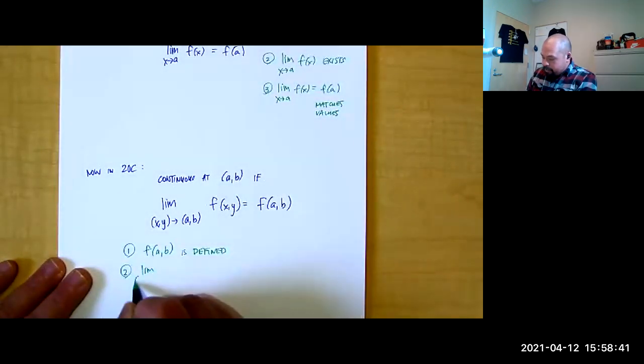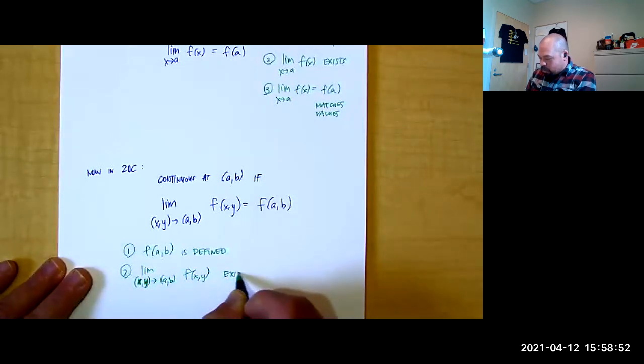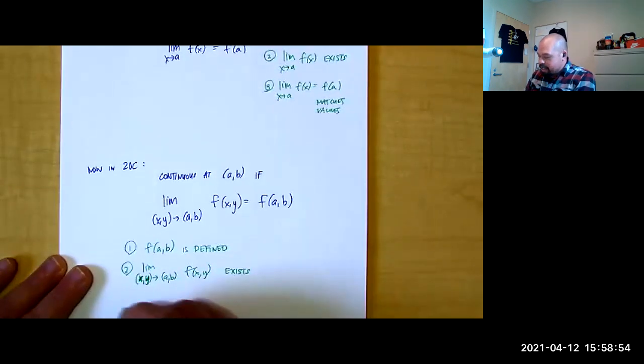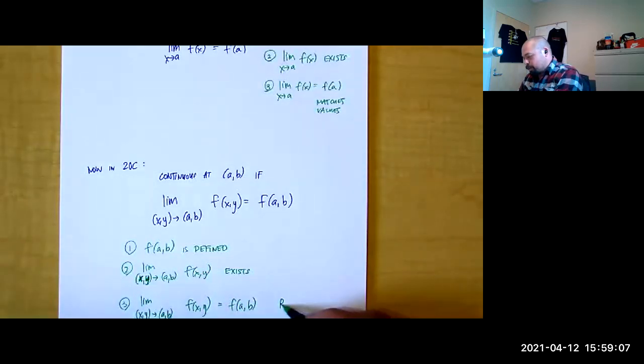That the limit, and that's going to be the time-consuming part, as (x, y) approaches (a, b), that limit exists no matter what path we're on, we get the same value. And then lastly, that the limit indeed matches the value of the function. Right? That our values match.